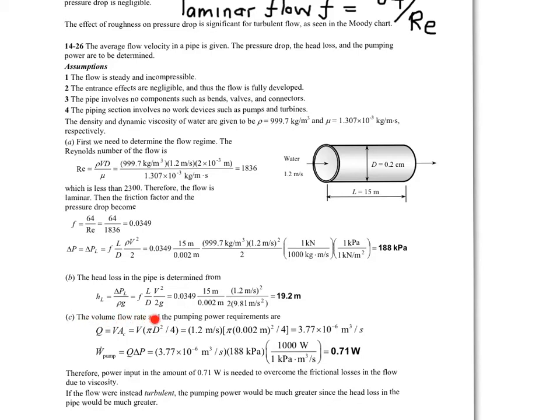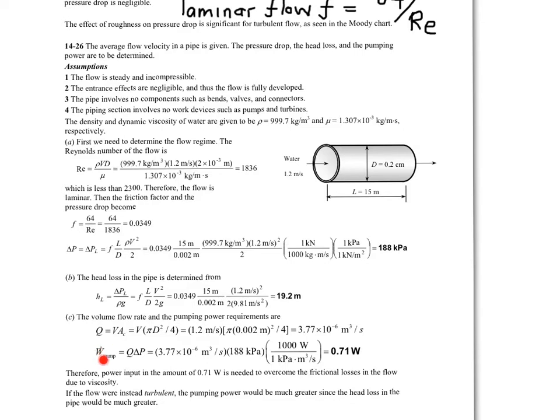Finally, the volume flow rate and the pumping power. Volume flow rate is the velocity times the area of the pipe. We get 3.77 times 10 to the power of minus 6. Okay, pretty small flow rate, but remember the unit meter cube per second is a very large unit.